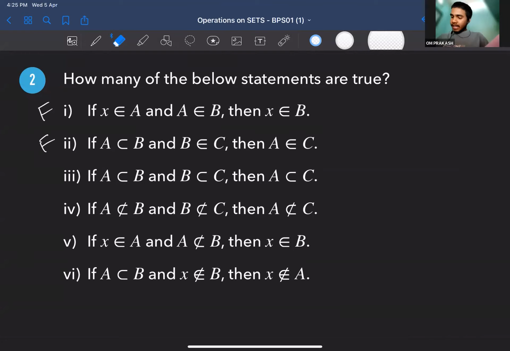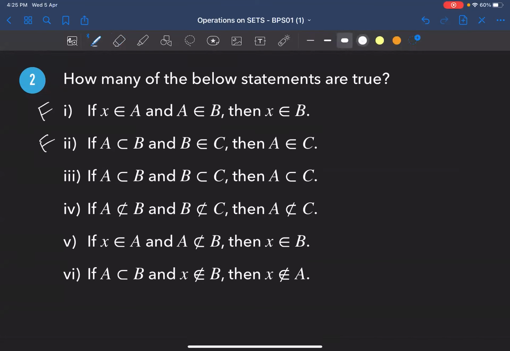See, similarly, if I don't take any example, suppose X is an element which belongs to A. That means it applies to any element of A, right? When I say X belongs to A and then argue something, I'm really looking at all elements in A. It is applicable for all elements in A.